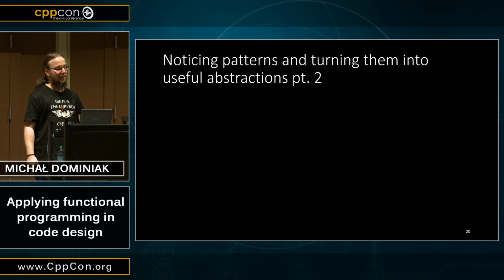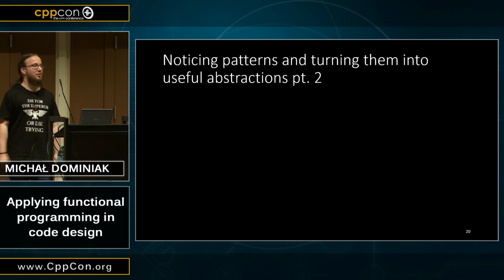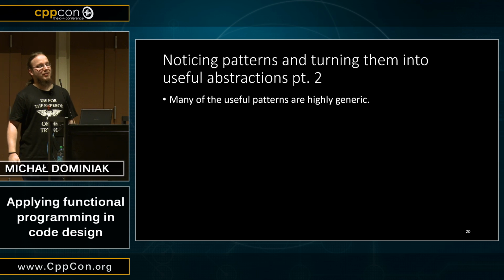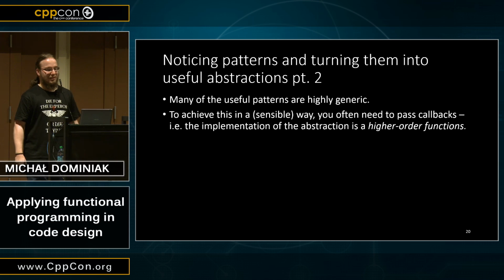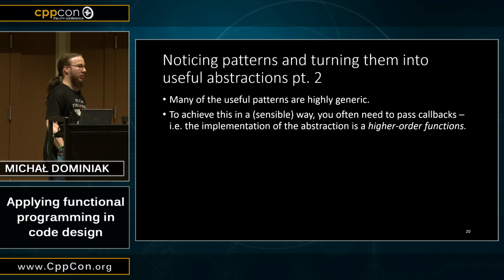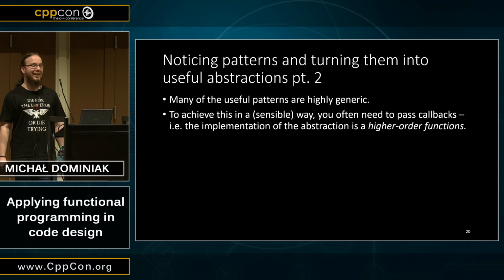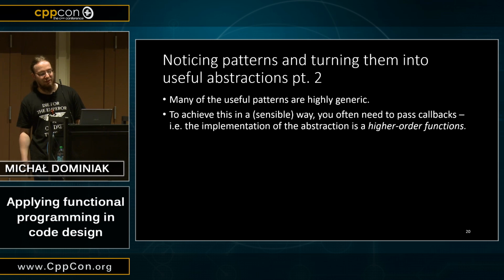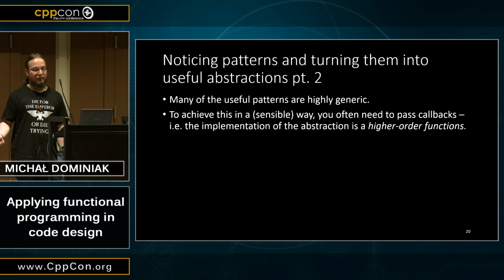And oftentimes, those abstractions will be quite generic. And they will often be algorithms that operate on a data structure that follows an interface and will do something with them in a generic way, often by passing a function to them, a callback, whatever.